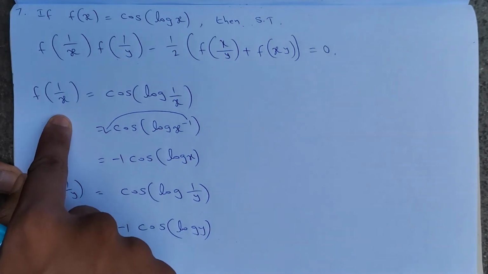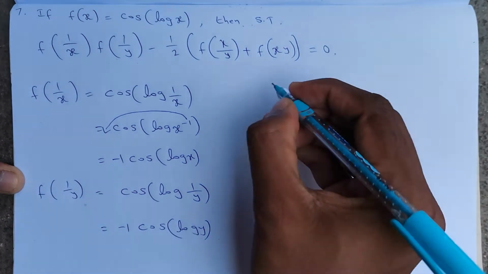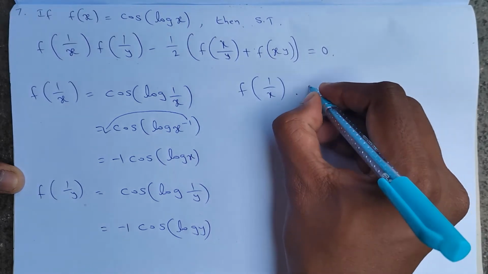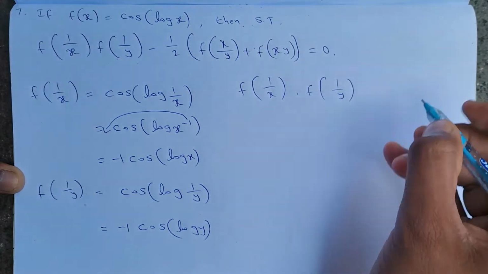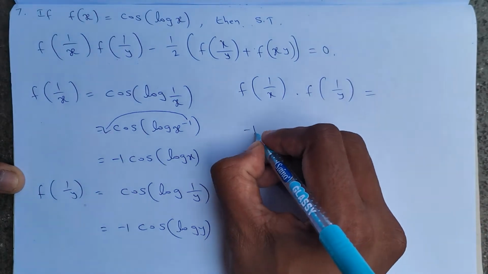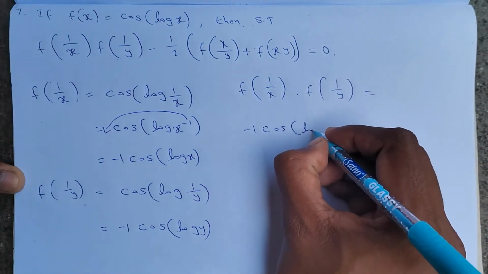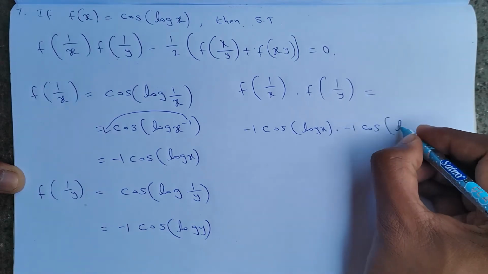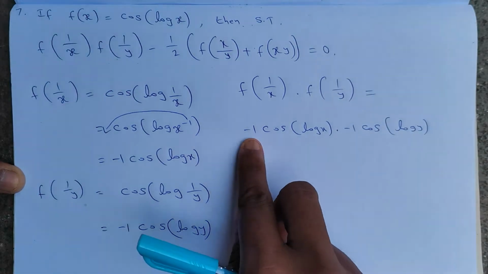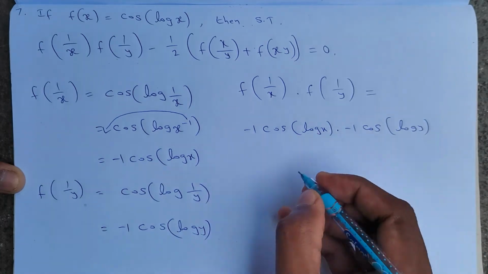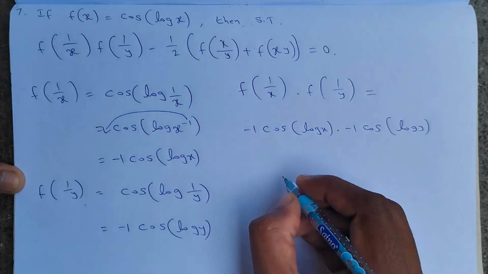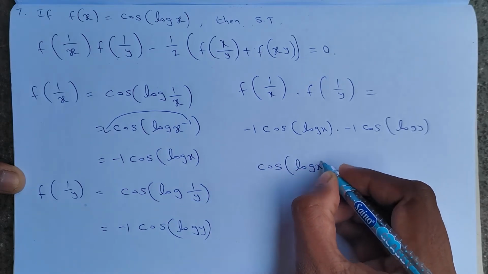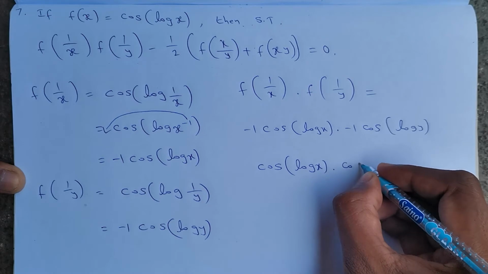Let us multiply both. f of 1 by x into f of 1 by y equals minus 1 cos of log x into minus 1 cos of log y. Here minus into minus is plus, 1 into 1 is 1. So we remain with cos of log x into cos of log y.